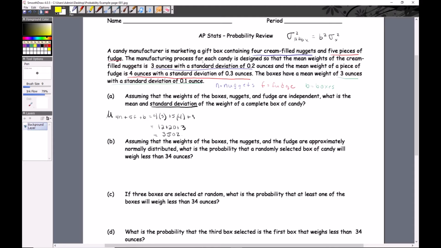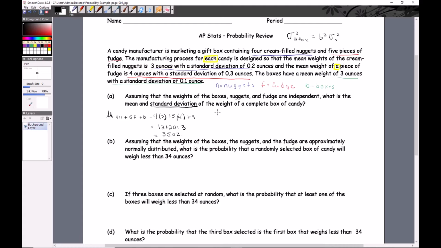Because here it says the manufacturing process for each candy, so that's looking at each candy individually. So to do this, here's how we're going to do this.